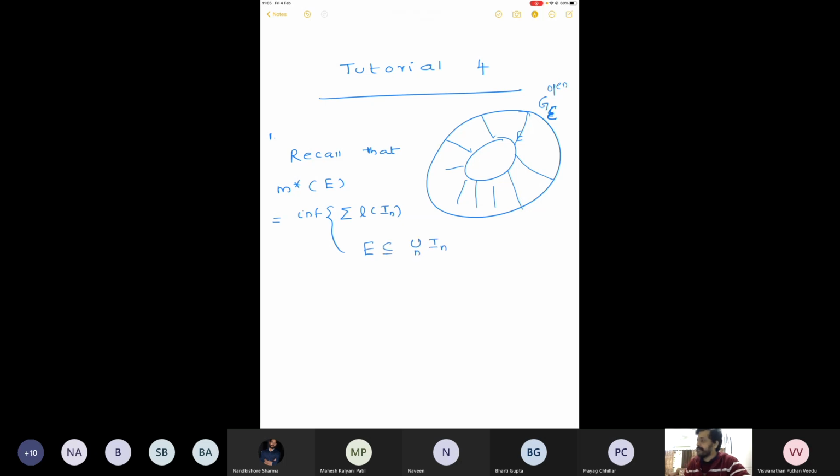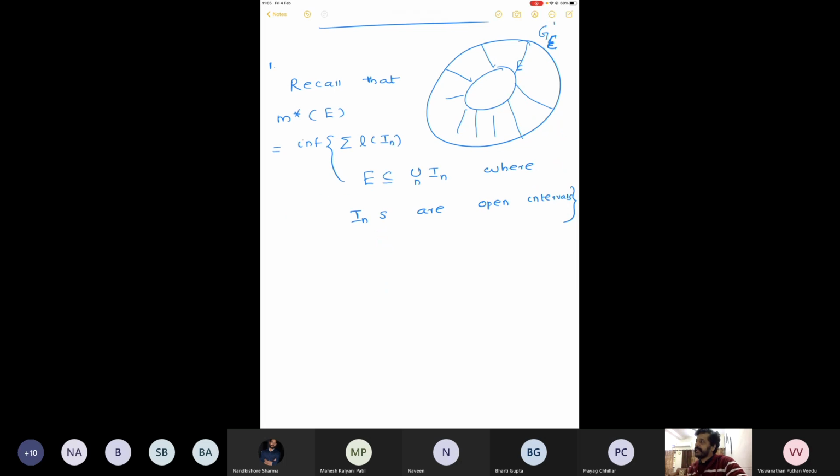Instead of covering with an open set, it is enough to cover with open intervals because every open set is a countable union of open intervals, where the In are open intervals. This is how we took our definition. So basically it is an infimum or greatest lower bound.